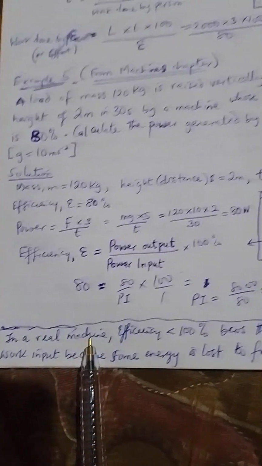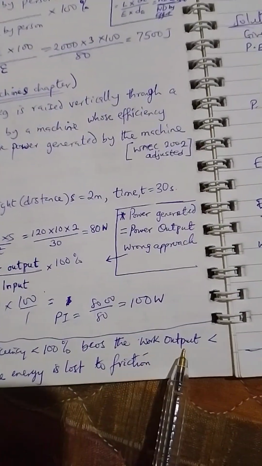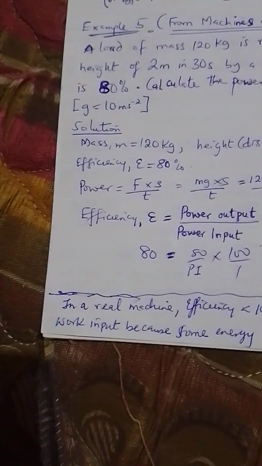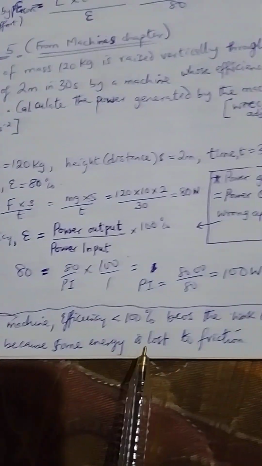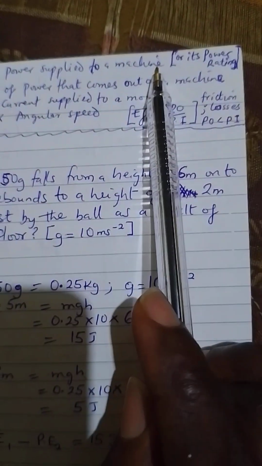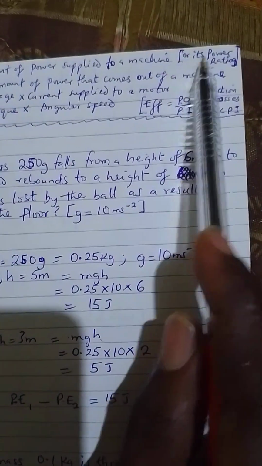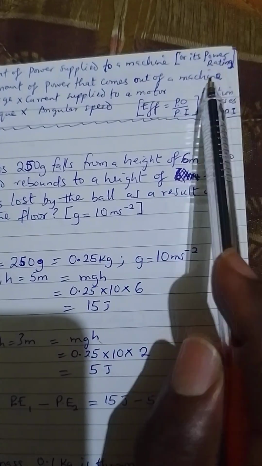Let's look at some related concepts. In a real machine, efficiency is usually less than 100% because the work output is usually less than the work input, because some energy is lost to friction. Also, the power input is equal to the amount of power supplied to a machine, and sometimes it could be gotten from the power rating of the machine.